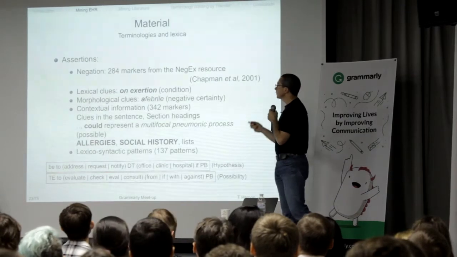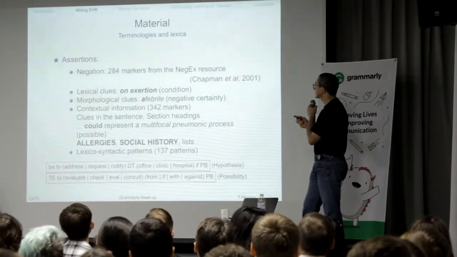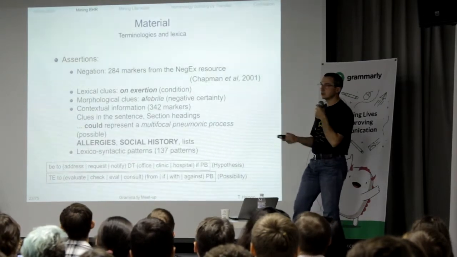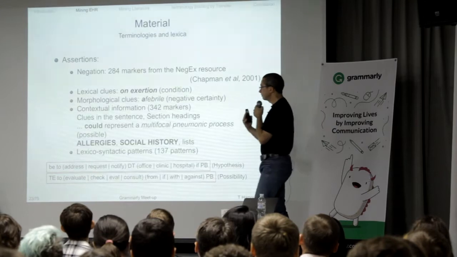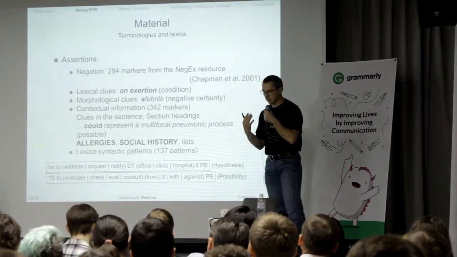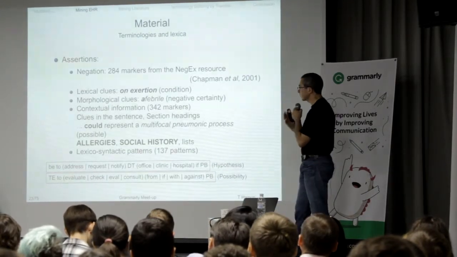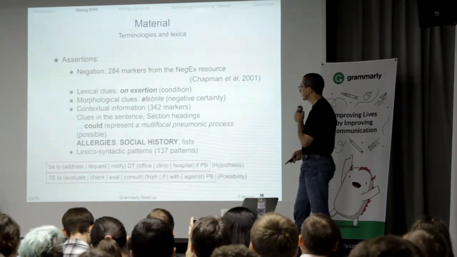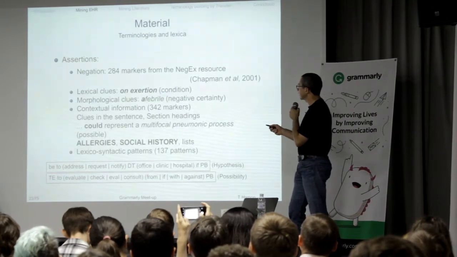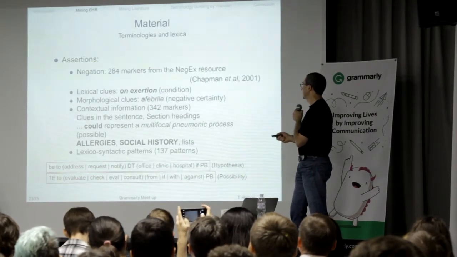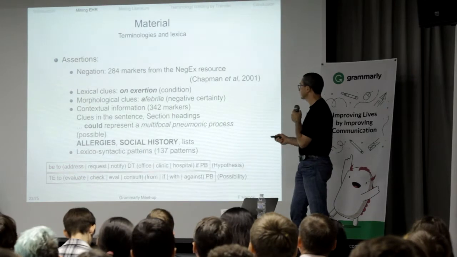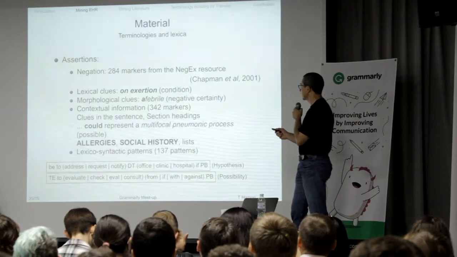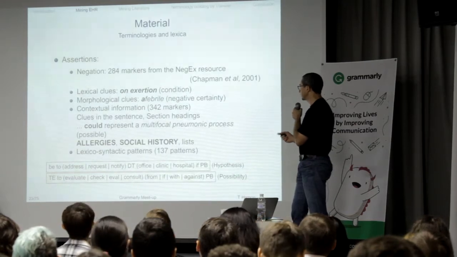For the assertion, we use a well-known resource which is NegEx, and we also add some markers or information specific to the medical domain. For instance, contextual information, usually some words, and section headings.